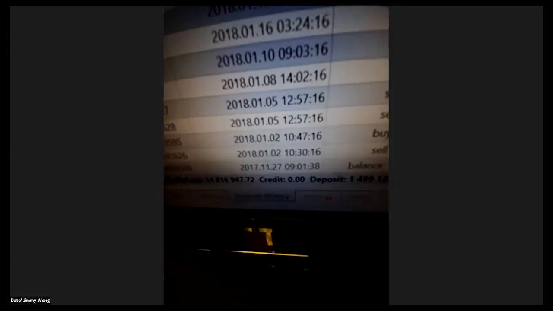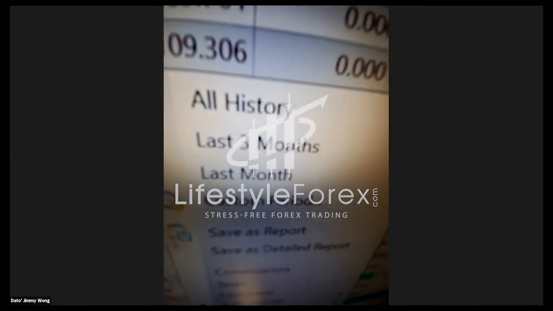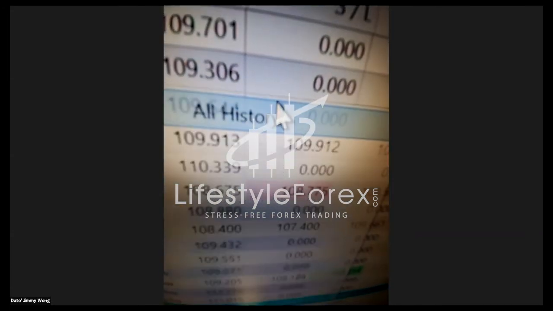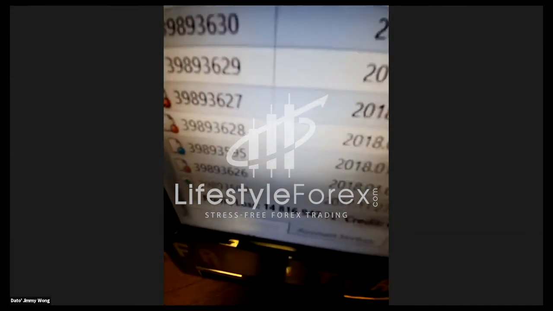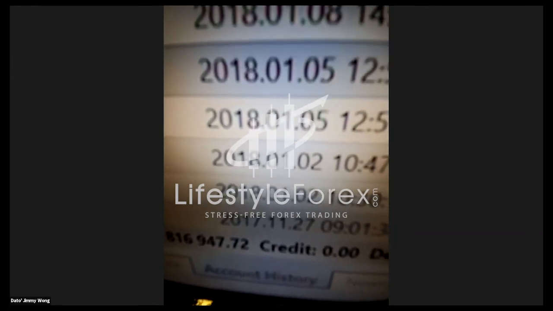So let me continue, just in case you guys say I switched something. Account number 16215. Look at the cursor. I'll go to all history. First and foremost, we have to look at the date of entry, that means the date that you pumped in your initial capital.